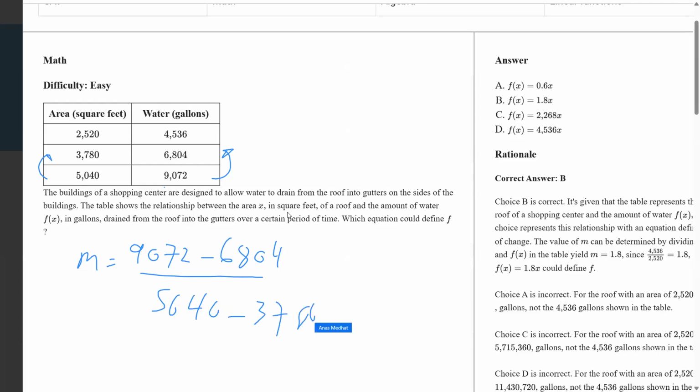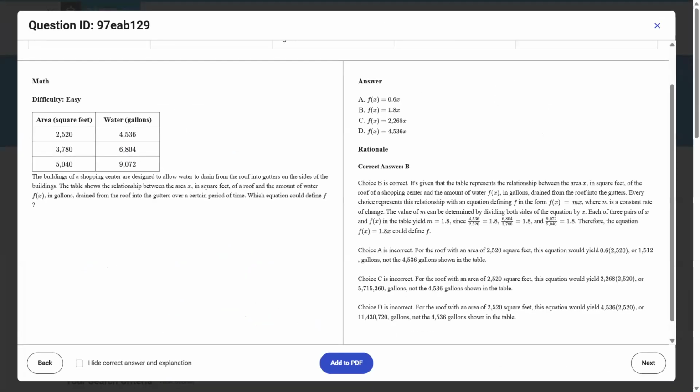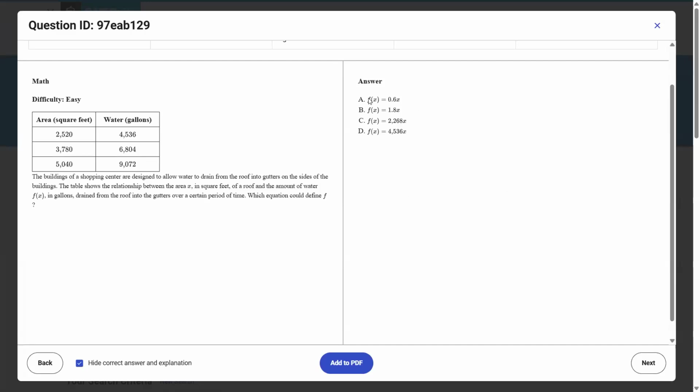Go to the calculator. Get 1.8 or 9 over 5. So the answer is B. This is the slope, and there is no intercept here.